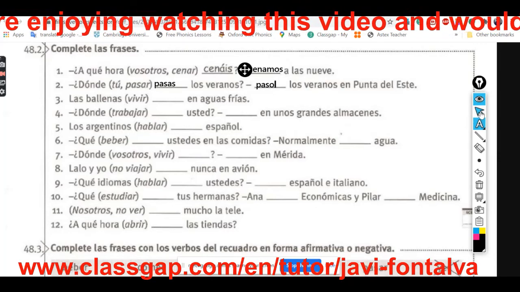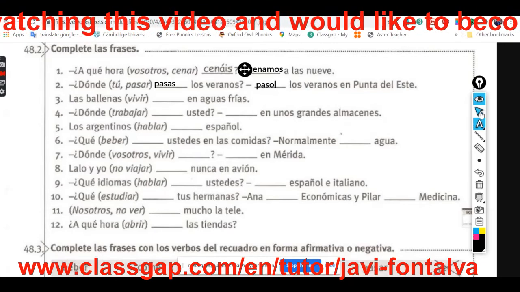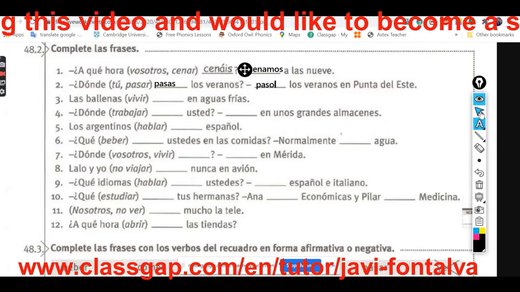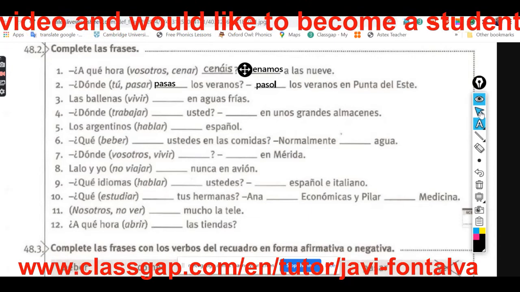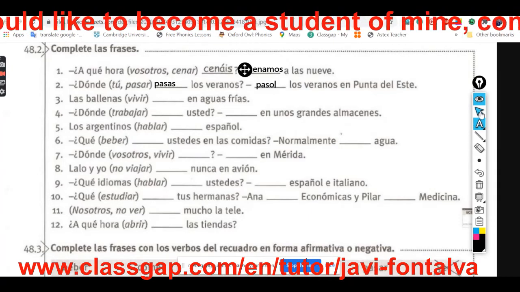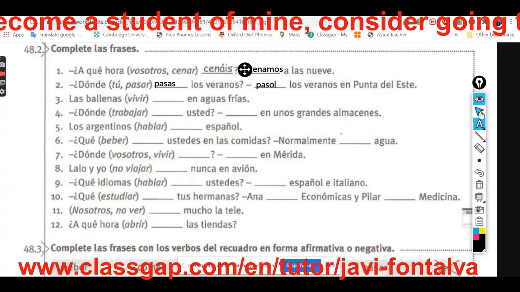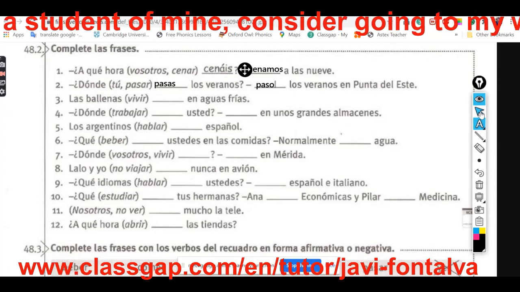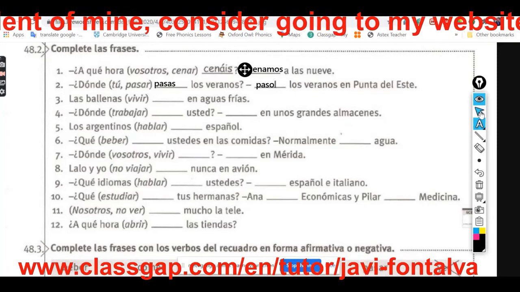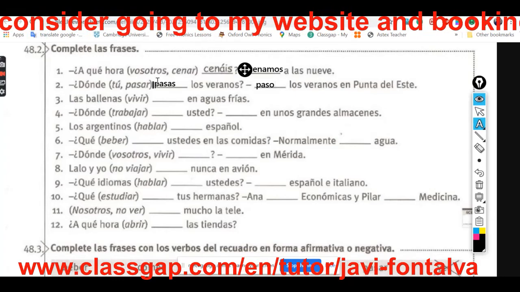What does pasar mean in this context? Before, we saw it with the salt thing, it meant to pass the salt. But here it has a different meaning, doesn't it? Because we talk about verano. What does verano mean? Summer. So what can you do with summer? You can spend summer in a place, right? So that's what pasar means here.